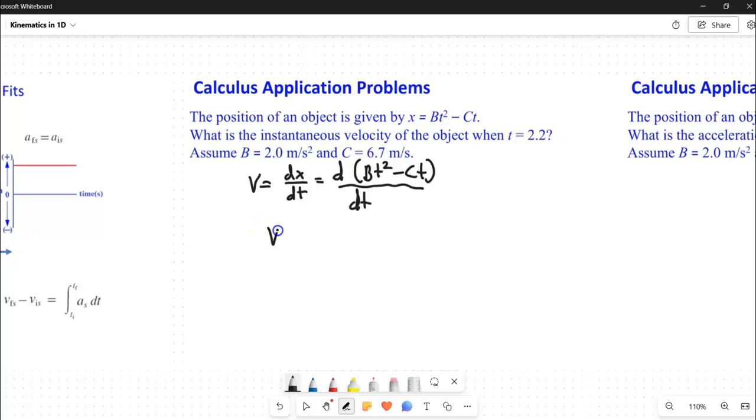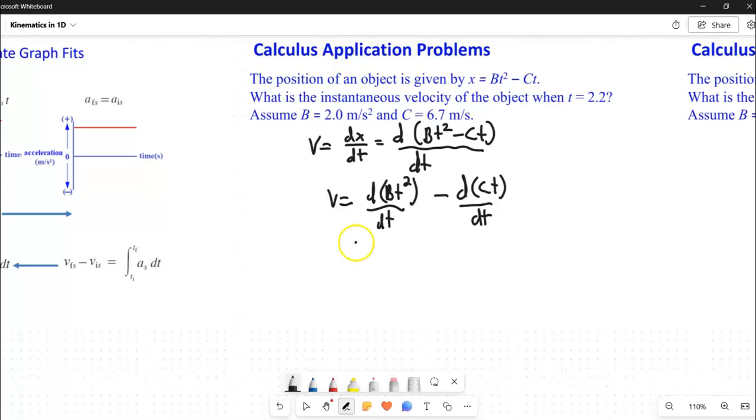So to get the instantaneous velocity, we're going to differentiate bt squared with respect to time, and we're going to separately differentiate ct, taking the negative to the front. Okay?